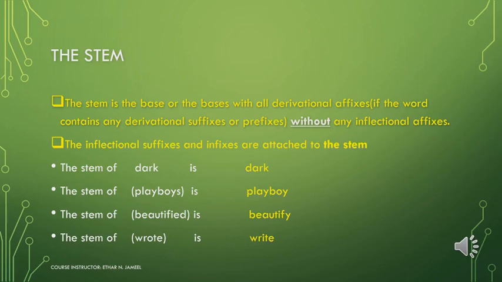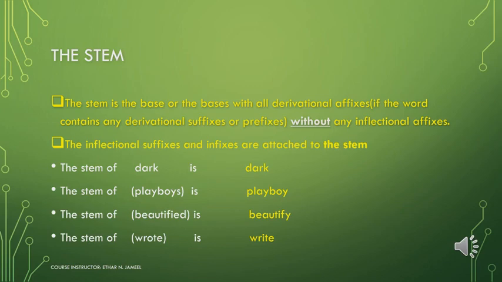That is why, in order to take the stem of this word, we have to remove the S from the word, because the stem consists of the base or the bases with the derivational affixes without inflectional affixes. So the stem of playboys is playboy without the S, because in the stem we should not have any inflectional affix.